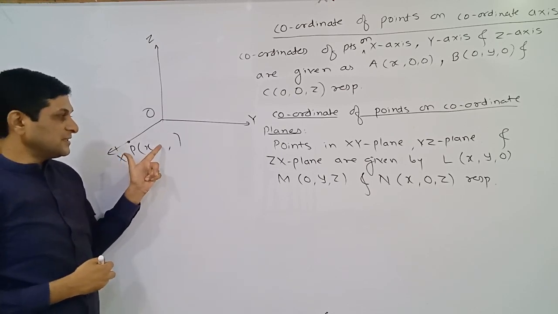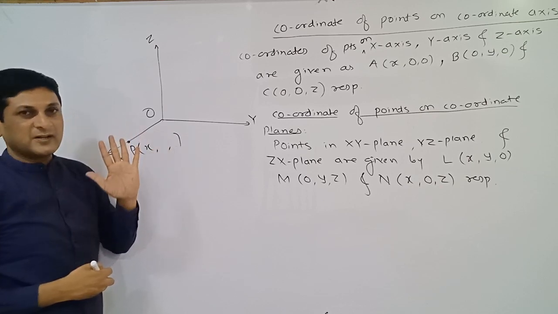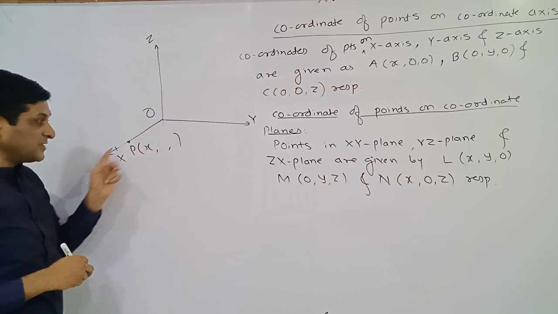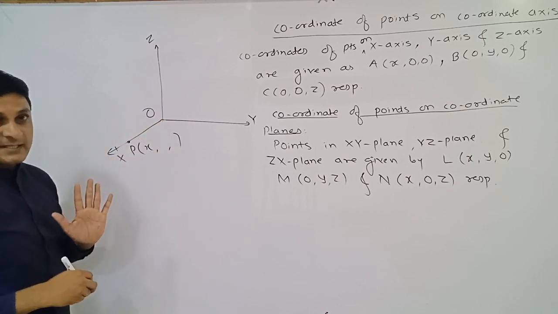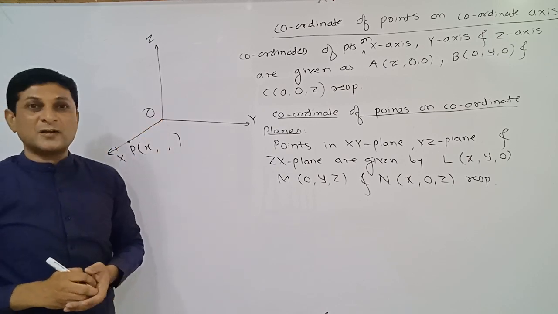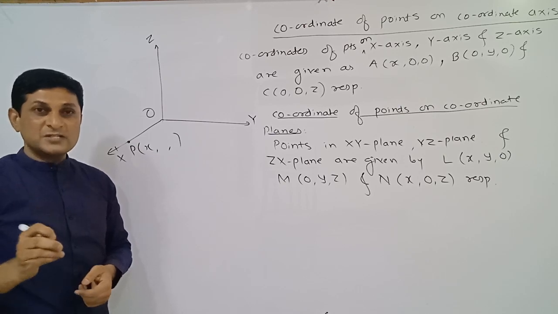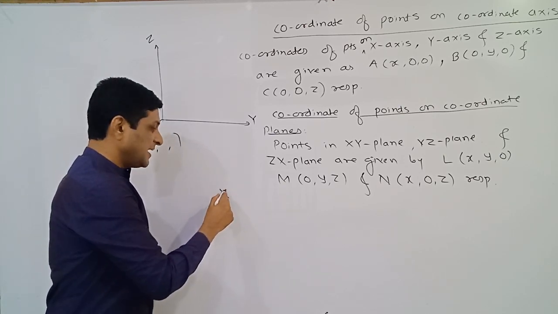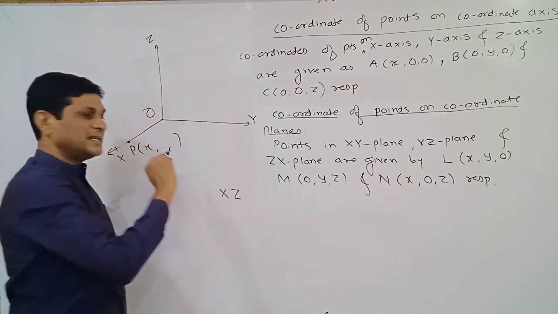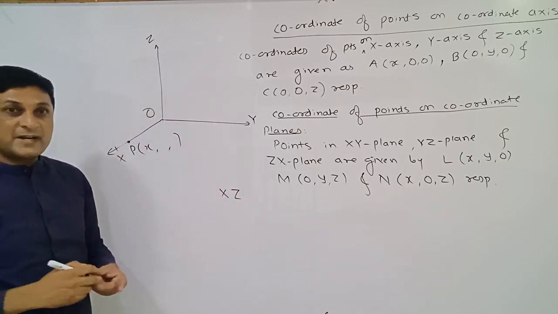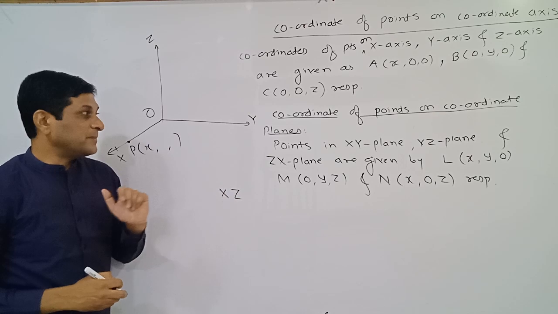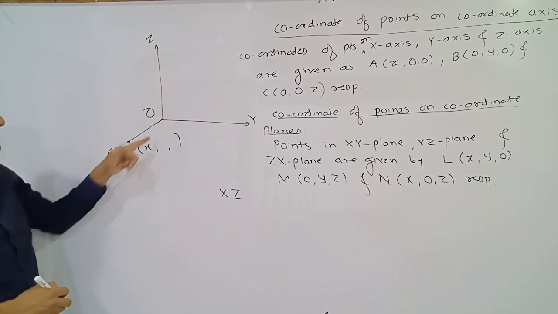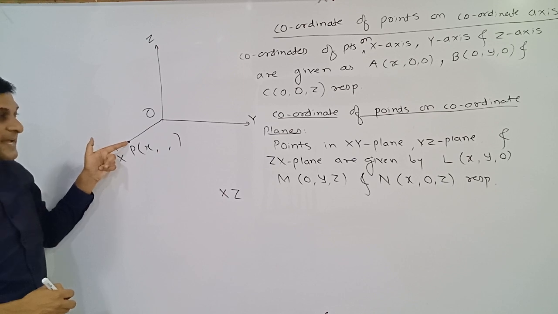Now we are discussing the y coordinate and z coordinate. How to find the value of the y coordinate and z coordinate if the point lies on the x-axis? What is the definition of the y coordinate? The y coordinate is the distance from the xz plane, or we can say the zx plane. But if you observe, this will be the xz plane, and can I say that this point lies in the xz plane?